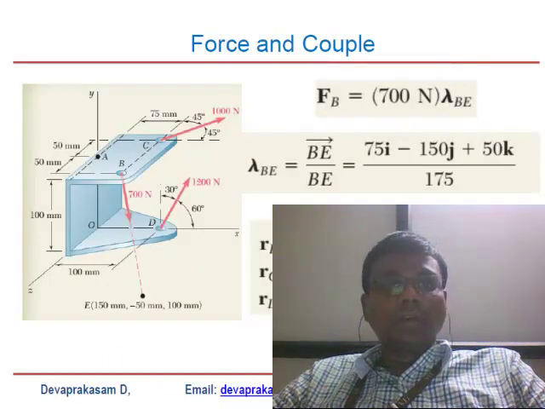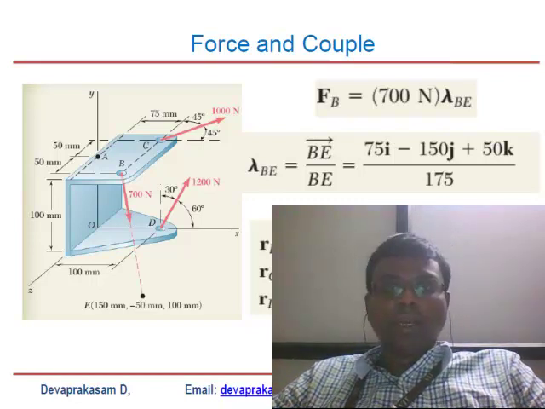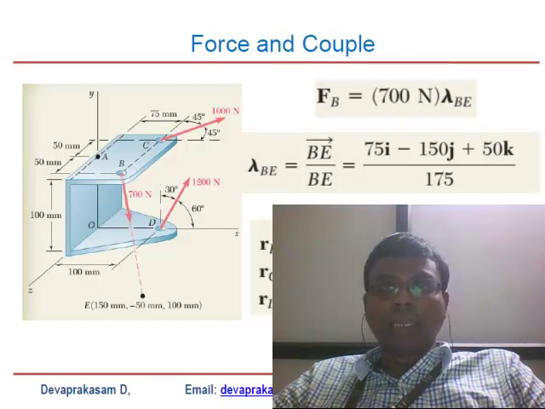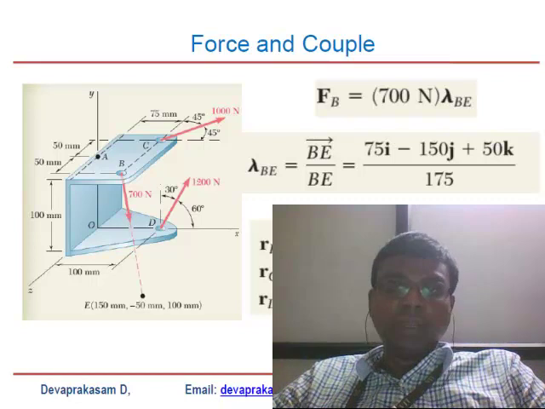If you draw the free body, first we find FB. It is a 700 Newton force, so you have to multiply it with the unit vector BE.